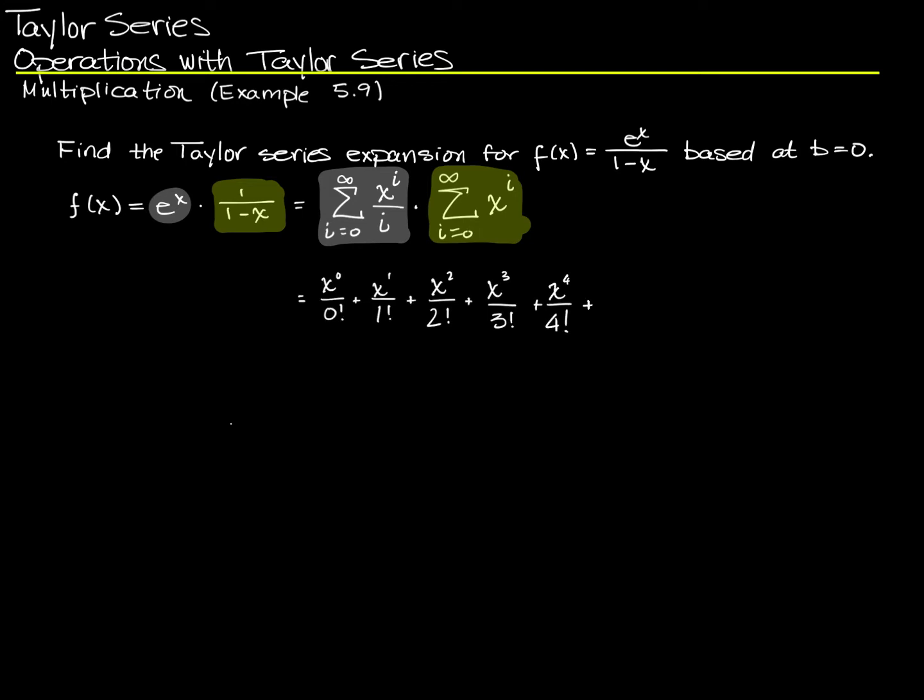Of course, that goes on forever, but with that, I'm going to multiply the first 5 terms of the Taylor series for 1 over 1 minus x. I have x to the 0 plus x to the 1 plus x to the 2 plus x to the 3 plus x to the 4. And that one goes on forever as well.